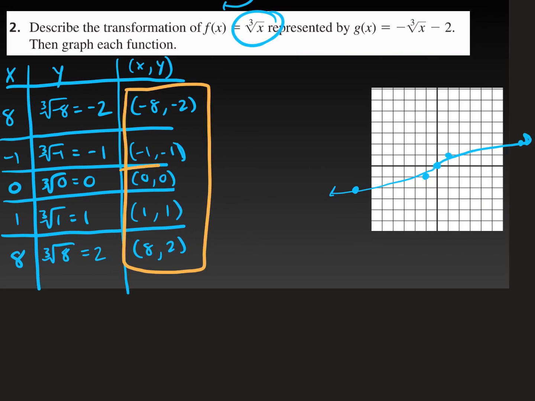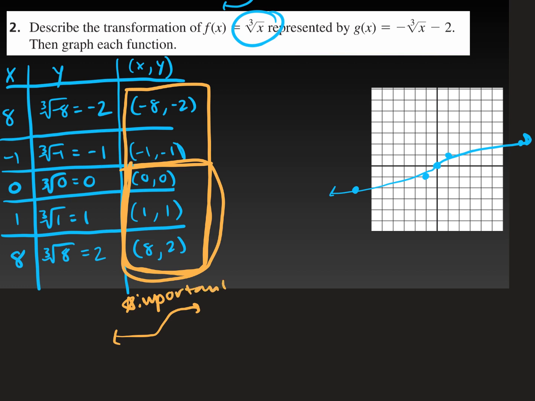So as long as we know these 3 points, just know that your graph is this shape. I'm not very good at drawing it without the graph, but it looks like that. So these are our important cubed root points. Once we put those on our graph, then we can apply the transformations.